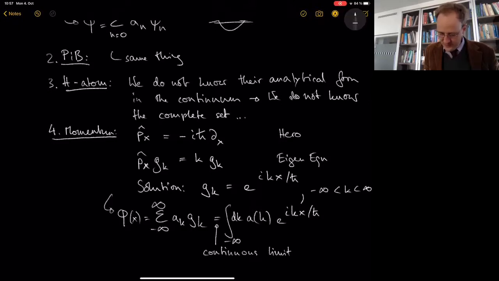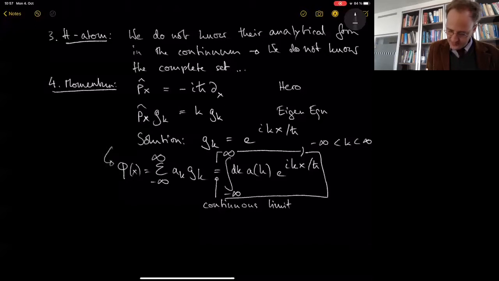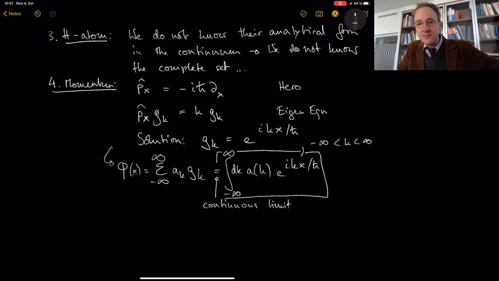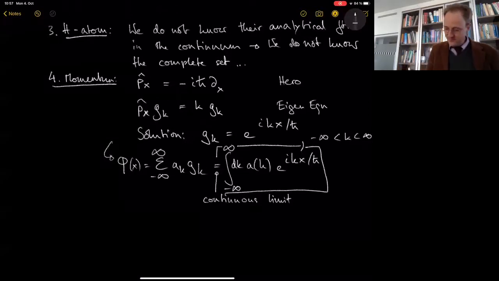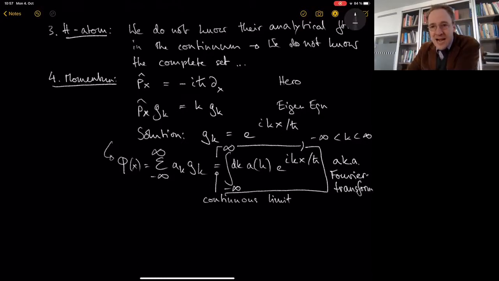And so you integrate from minus infinity to plus infinity over k. Now, if you look at this right-hand term, at least some of you should identify this as a Fourier transform, which is, of course, at the heart of all your NMR measurements.